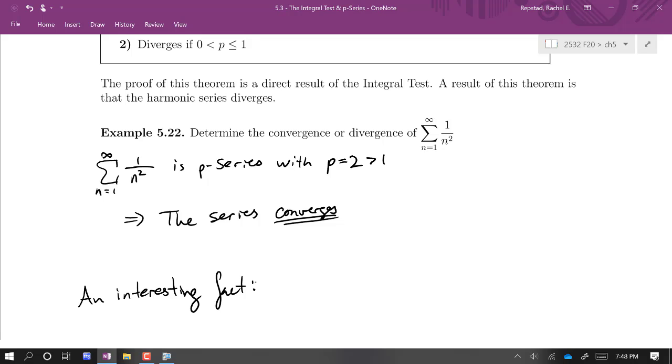We could do that for telescoping series. We could do that for geometric series. But for most series, we're not going to be able to say what it converges to, just whether or not it converges. For this series, an interesting fact, the series whose terms are given by 1 over n squared, starting at 1 and going to infinity, is equal to pi squared over 6.